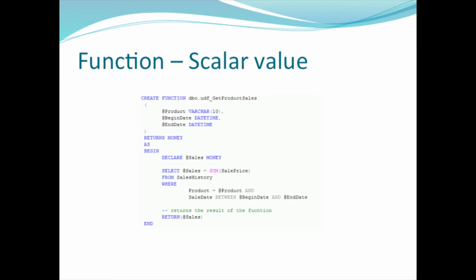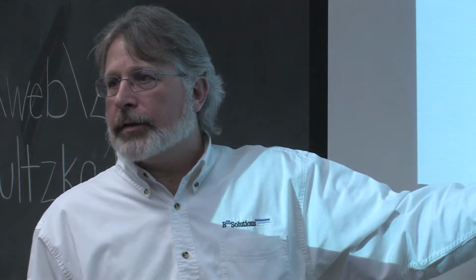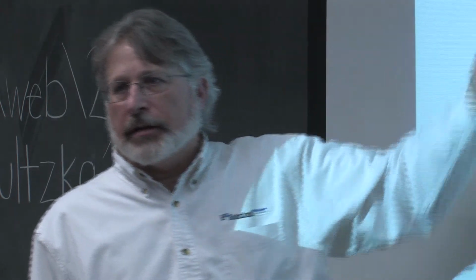So whatever information comes in, verify it, use it whatever way you need to, and then perform some type of SQL statement on it. When you're all done, you get down to the end of the function, and it will return just one value. And that value that you return actually has to match the data type that you declared up above.